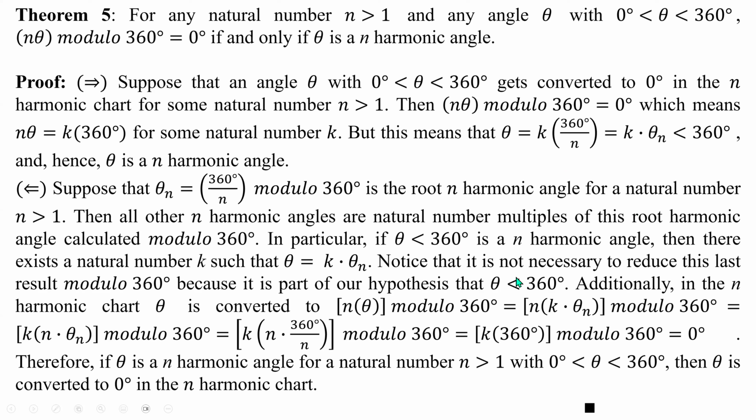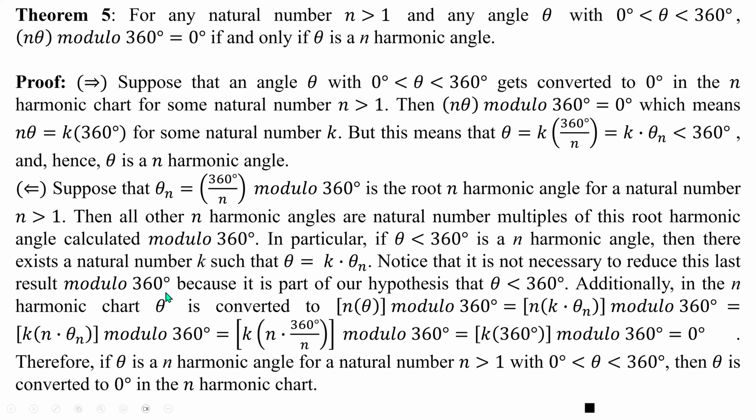This is why I just said it's not necessary to reduce this last result modulo 360 degrees, because it is part of our hypothesis that theta is less than 360 degrees. Additionally, in the n-harmonic chart, theta is converted to n times theta modulo 360 degrees. That's the rule we derived earlier for finding angles in n-harmonic charts.